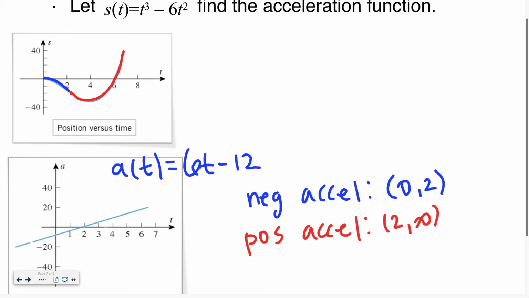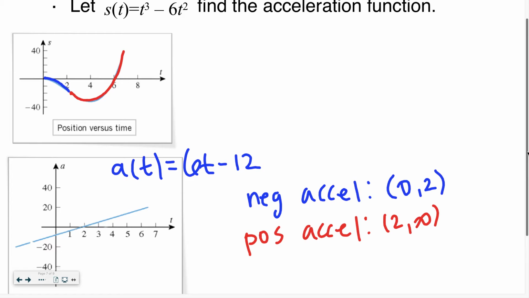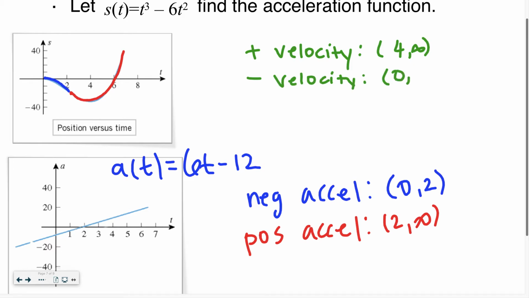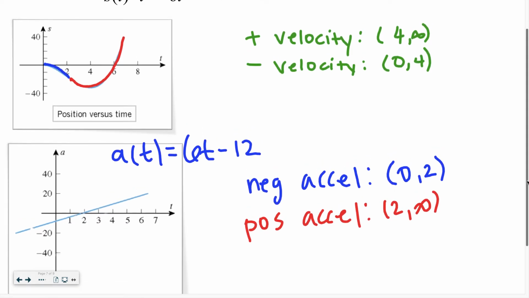Okay. Now, let's go back to our velocity. Where did we determine that it was moving right? Forward infinity. And we determined that it's moving left from 0 to 4, right? Okay. So if we compare these two, from 0 to 4 we have negative velocity. From 0 to 2 we have negative acceleration.